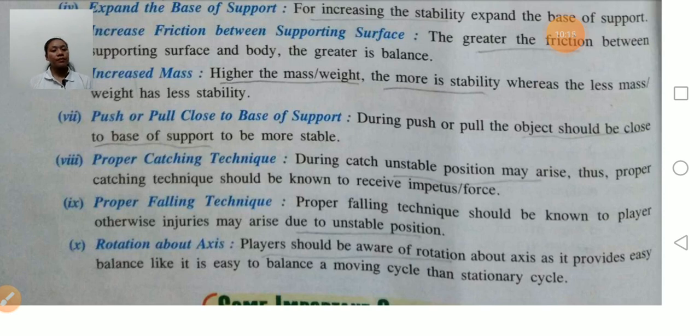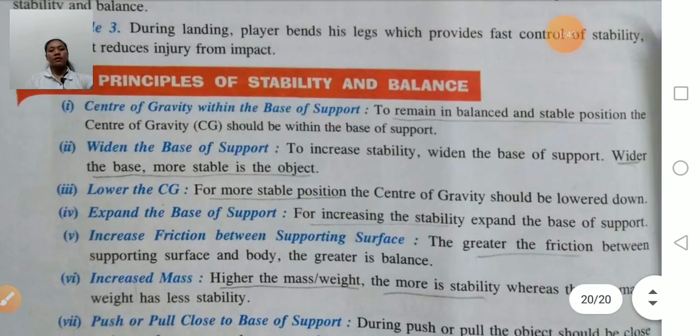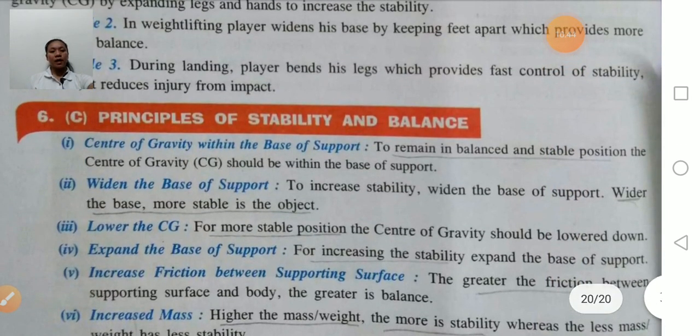For example, in a moving cycle, if you have knowledge about the axis of the moving cycle, then there will be more stability and more balance. If you know about the rotation of the axis, you will be able to balance yourself. These are the principles of stability and balance.